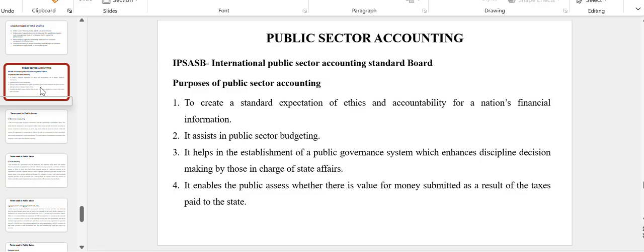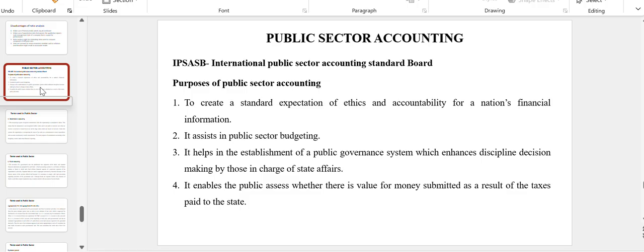And as accountants in the public sector, we are required to comply with the various provisions when we are maintaining proper books of account. So in the public sector, we have what we call International Public Sector Accounting Standards. We call them IPSAS.